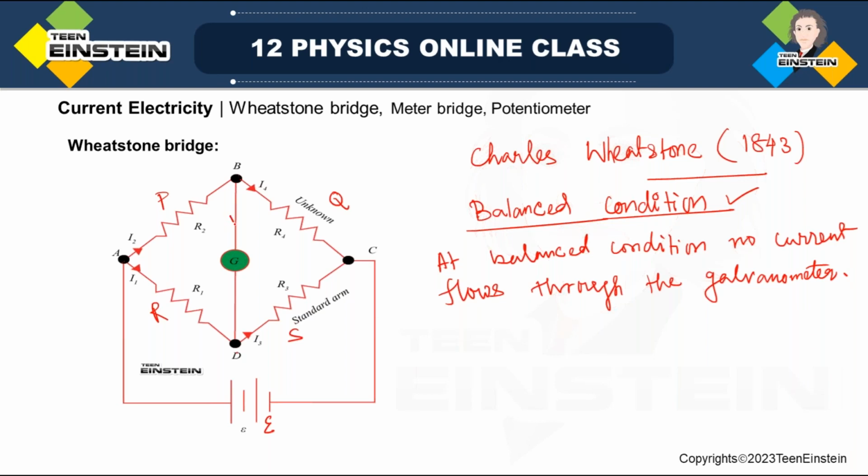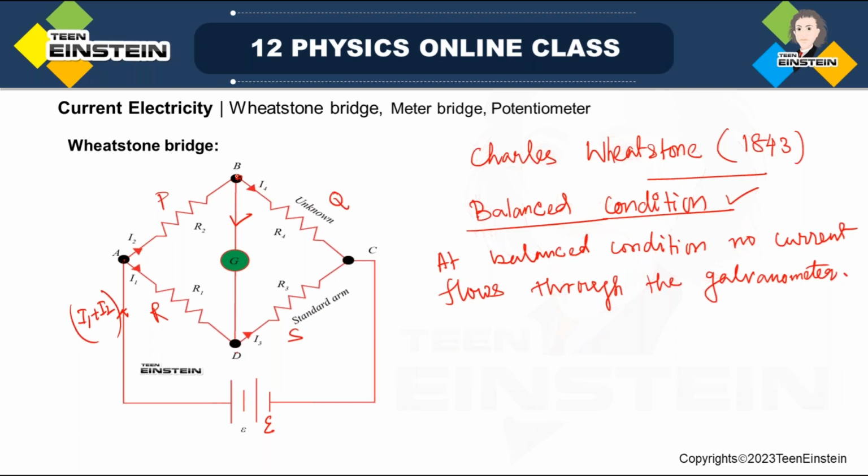Generally, suppose I have total current I1 plus I2, which is supplied by the cell, and at this junction A, it will be divided into two. I1 is going this way, like AD, through this branch, and in the AB branch the current I2 is flowing.